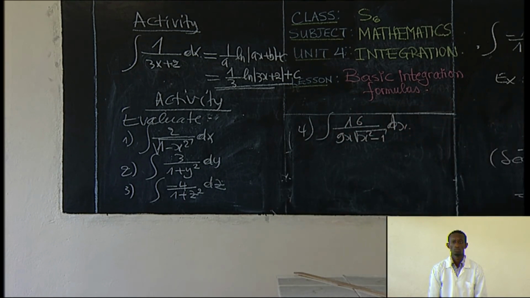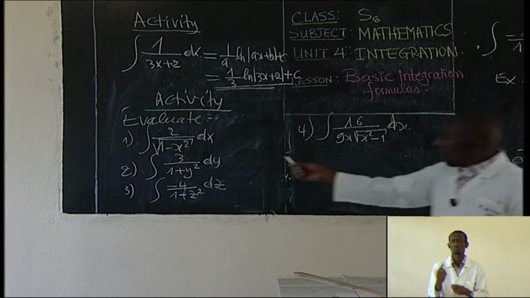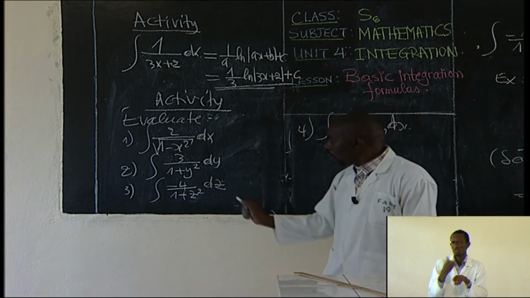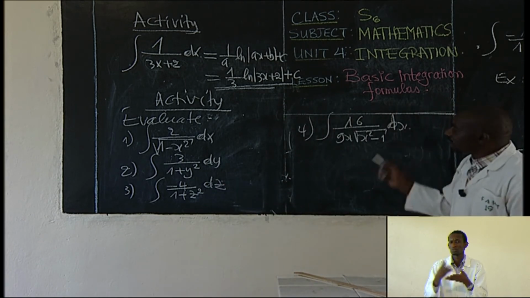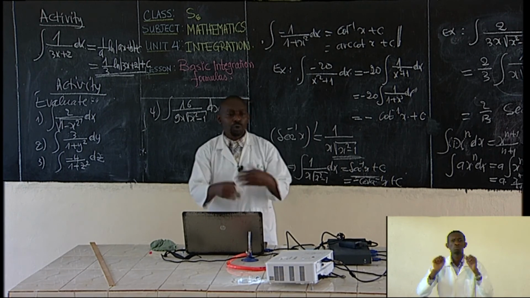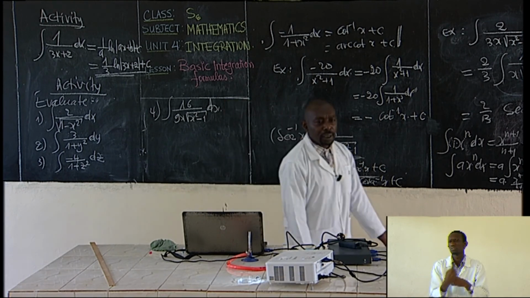You know, people think that the variable is always x or y, isn't it? But even here, y, of course, is the variable. z is the variable. The variable here is x. You can even interchange, even putting t, whatever you want, isn't it?